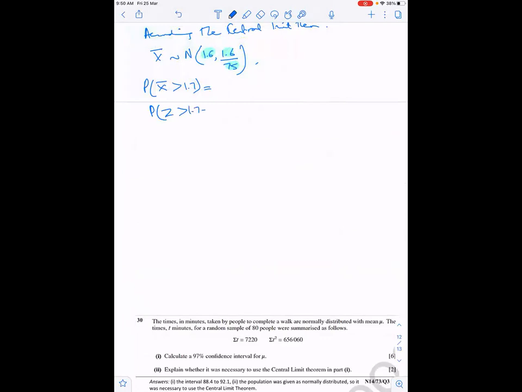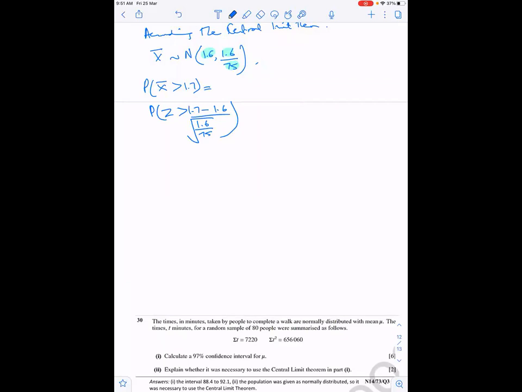Probability Z is greater than (1.7 minus 1.6) upon the square root of 1.6 upon 75. Solve this. Okay, I'm getting 0.685.